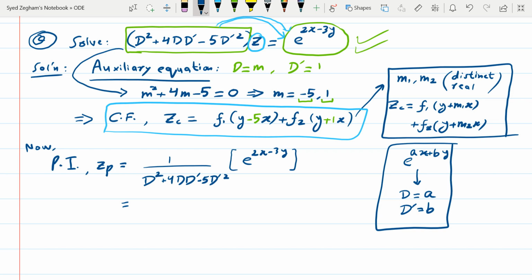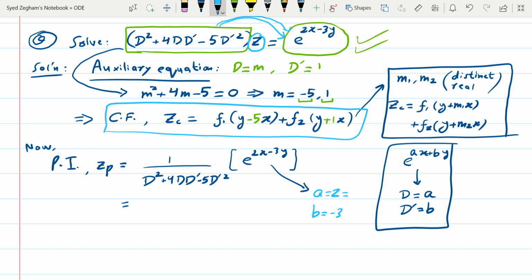So what shall we do here? a will be equal to 2 here, and b here is minus 3.